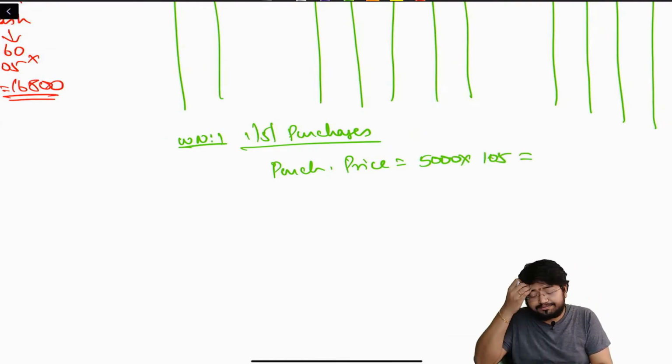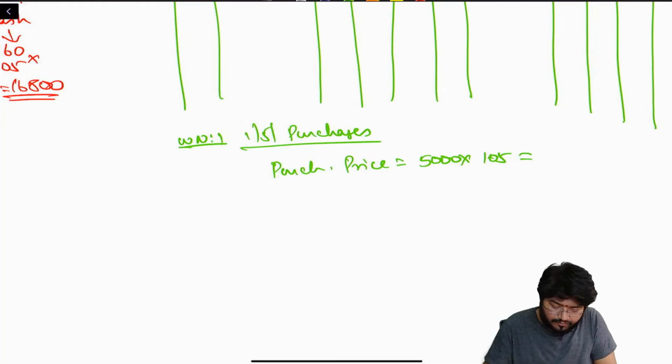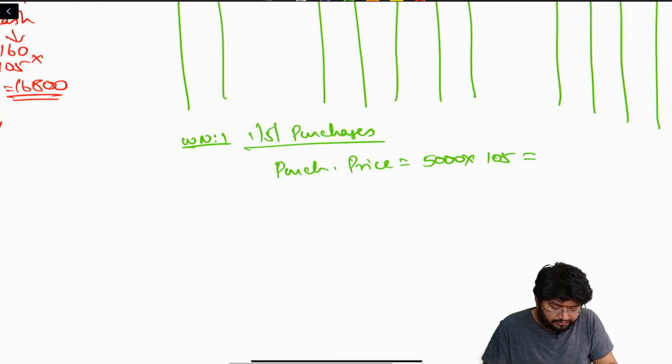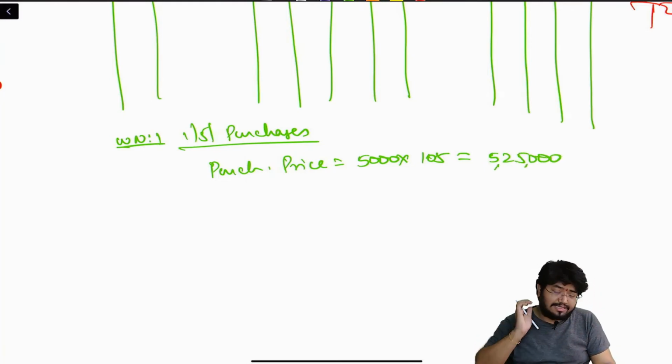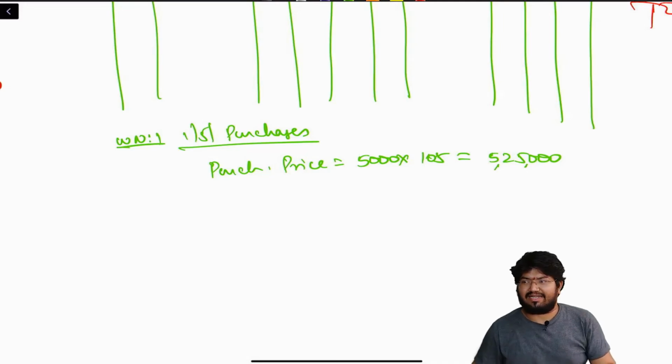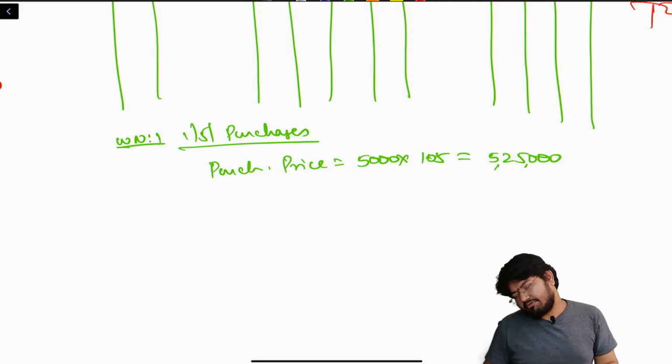How much is it? 5,25,000. Is there any brokerage or stamp duty which he has mentioned? Nothing is there. Okay, 5,25,000.